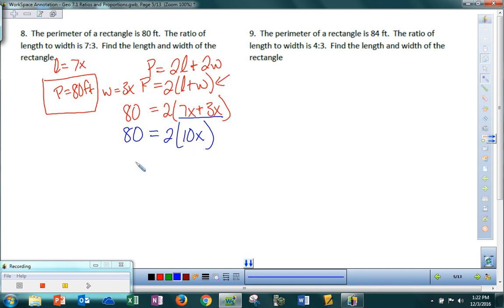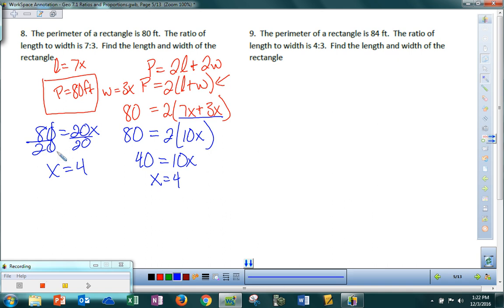Notice that gives us smaller numbers to work with. So x equals 4. Or we could go over here and say 80 equals, well, 2 times 10 is 20x. And then divide by 20 on both sides, and we get x equals 4. Same answer, two different ways, whichever one you are more comfortable with here.